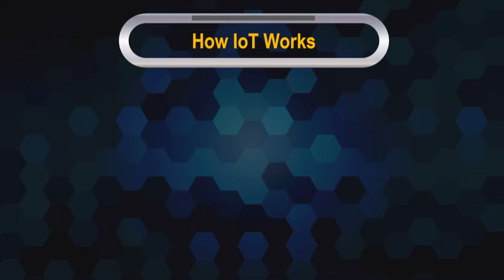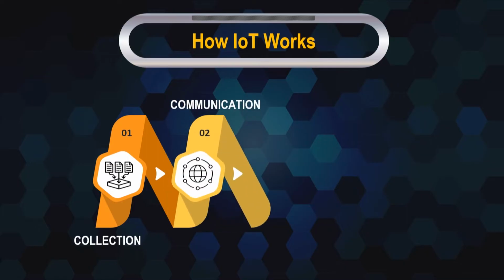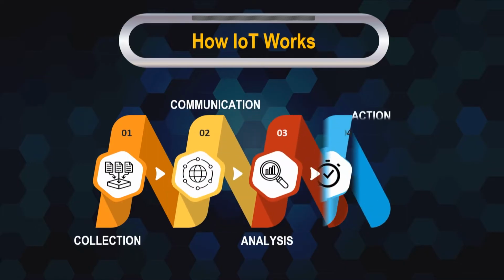Now, from whatever I have told about the definition of IoT, we just want to tell you how IoT works. IoT works with 4 phases. One is collection, second is communication, third is analysis, fourth is action.